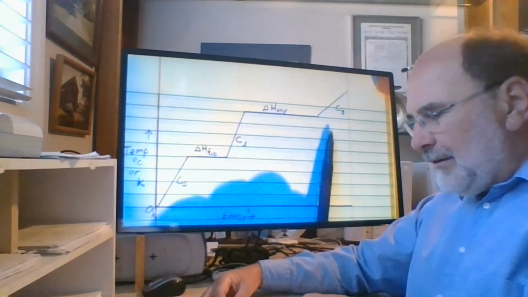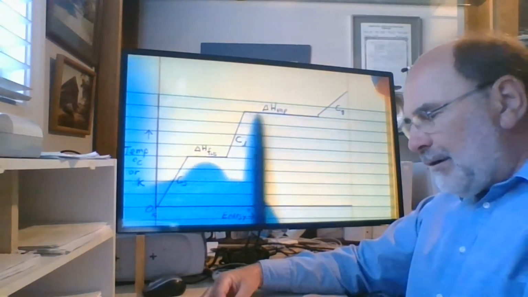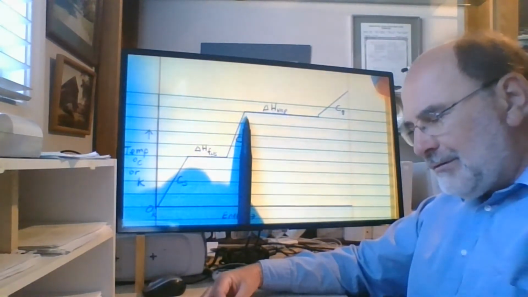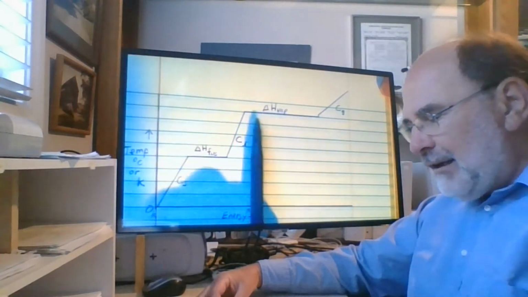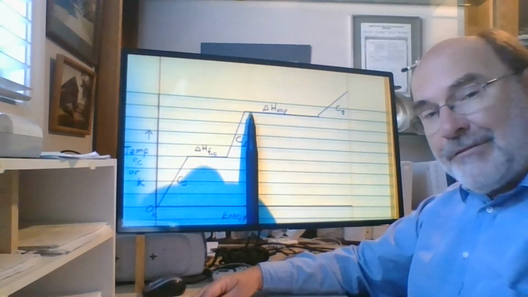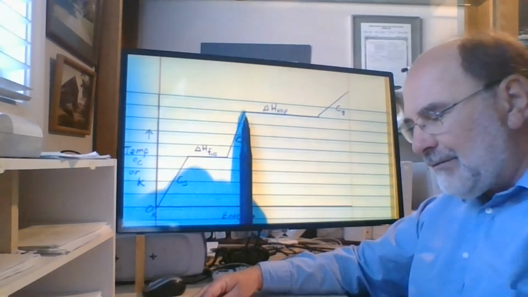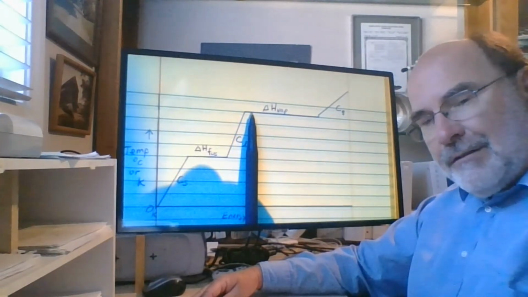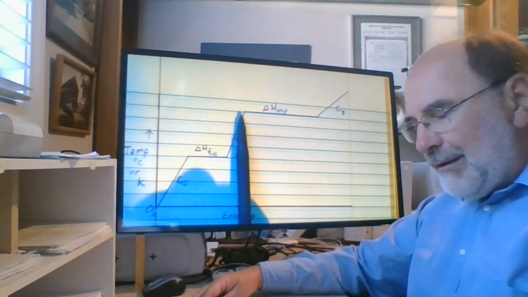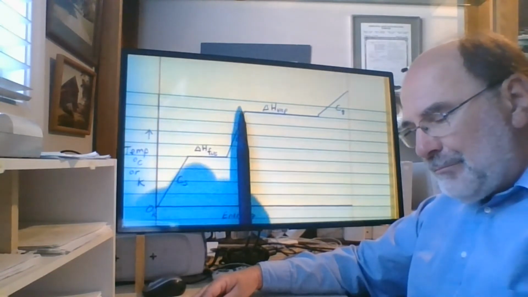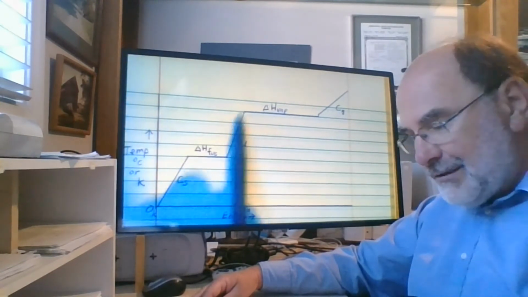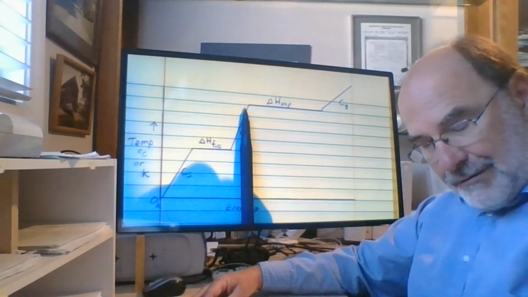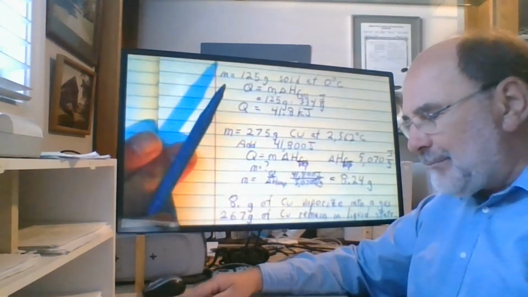Visually, if going all the way across would do all 275 grams that I started with, I only made it this far, 8 grams out of 275. So a little bit of it vaporized, and the rest of it is still at its boiling point, but it's still in the liquid state. All right, so there's a fine example.